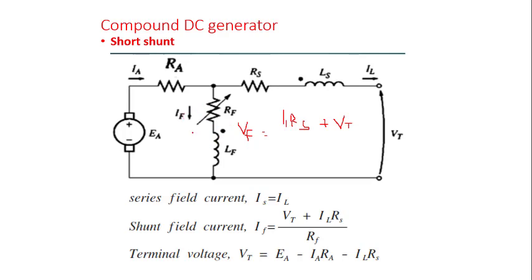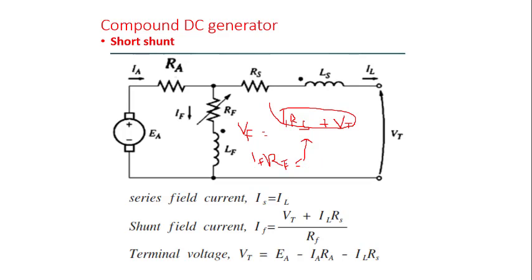Then what is this voltage? This voltage is the current multiplied by this resistance. The current flowing here multiplied by this resistance, so we know that IF RF will give us this particular voltage, and it is equal to this particular parameter that I have highlighted over here. Now, if you want to get IF, what do we do?